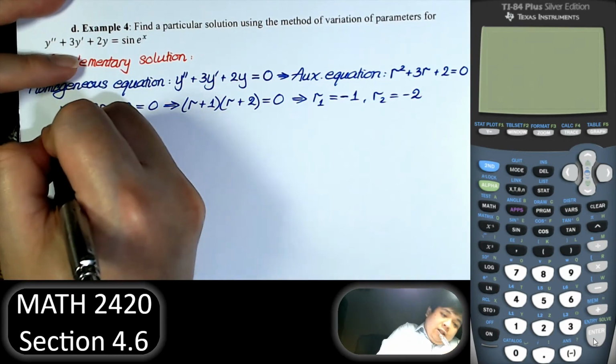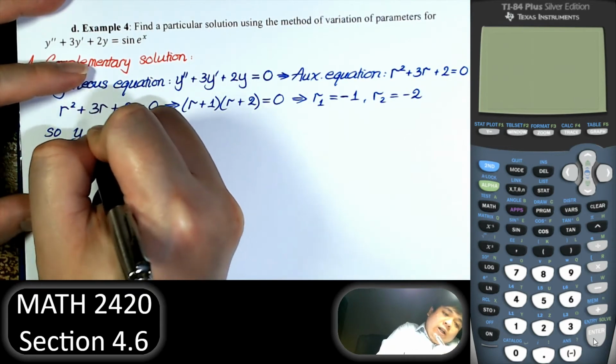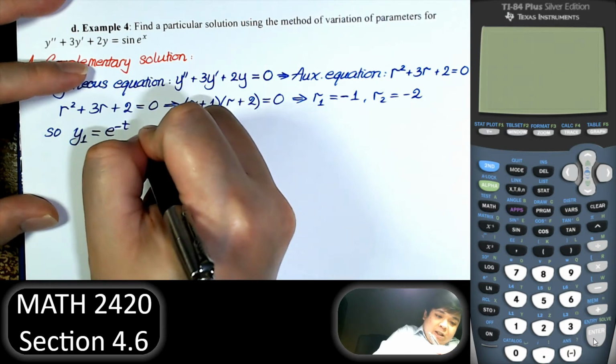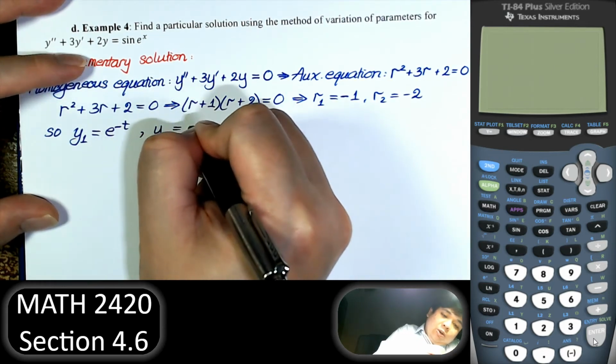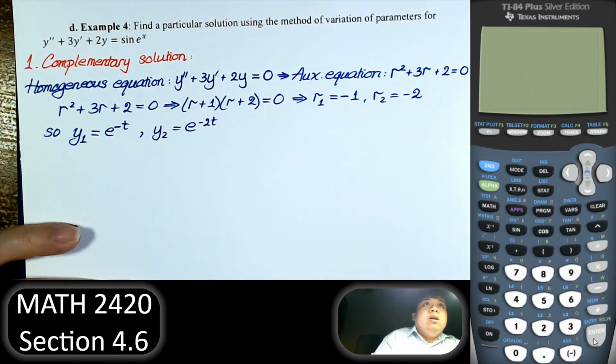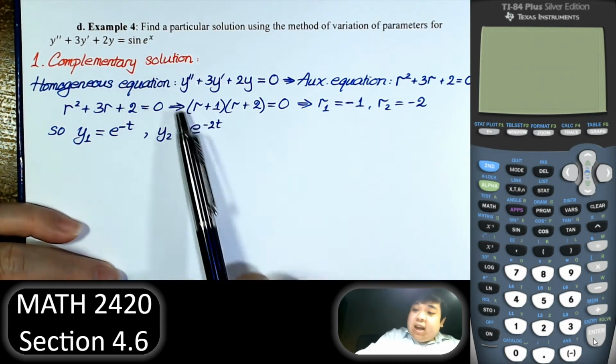With that, y1 equal to e to the negative 1t, y2 equal to e to the negative 2t, except that this time it is x.